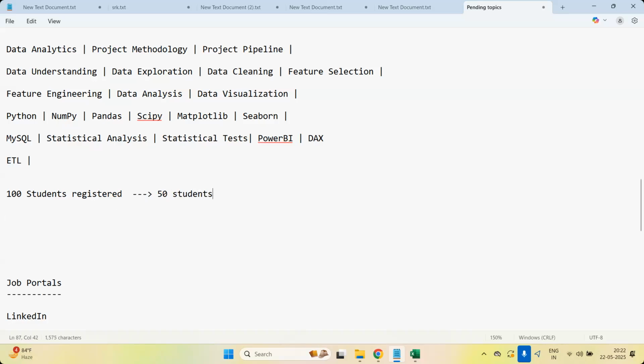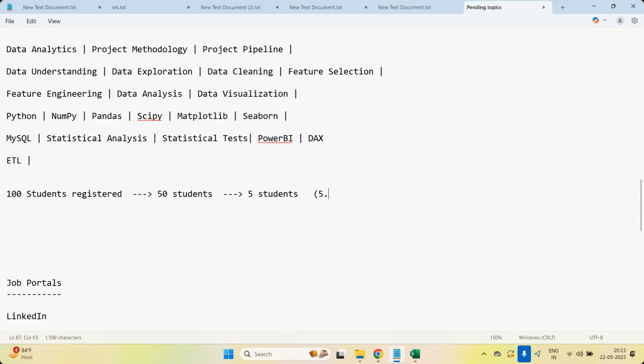The remaining students have already dropped. Now, in these 50 students, again, only 5 students have done the work. Registered students versus how many students are ready?